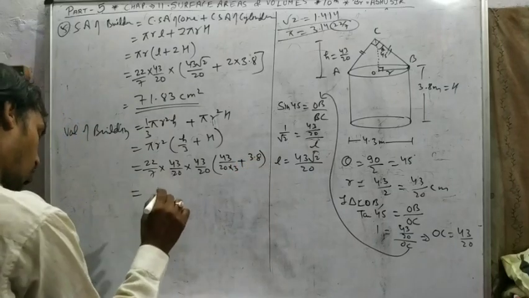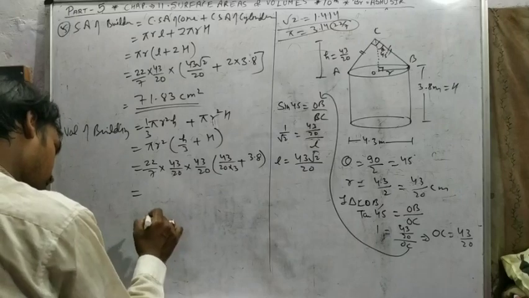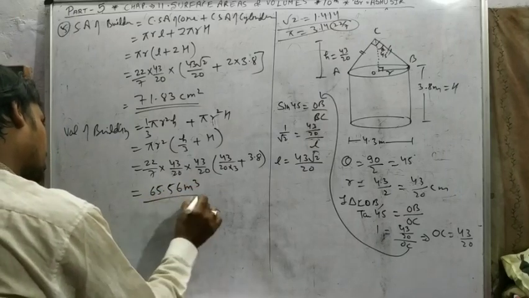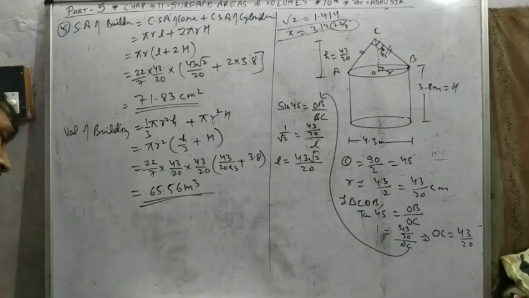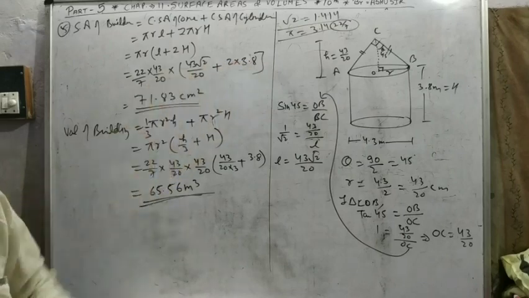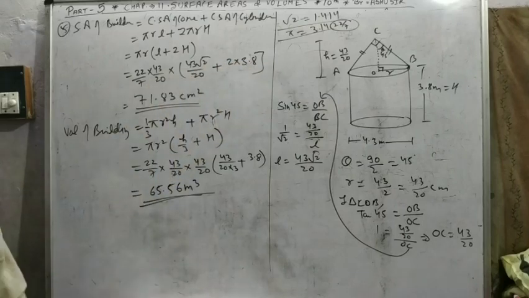After solving all the values, you get 65.56 meter cube as the volume of the cylinder and cone combined. So you get the volume of the building.